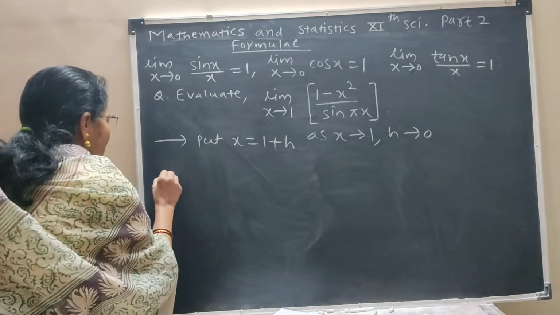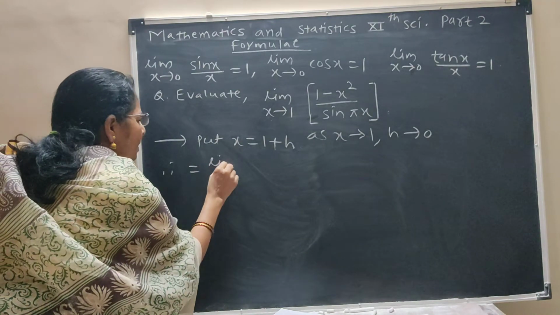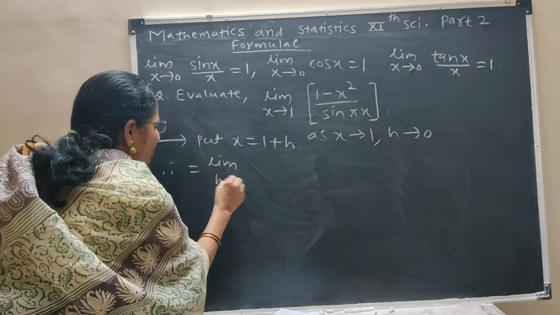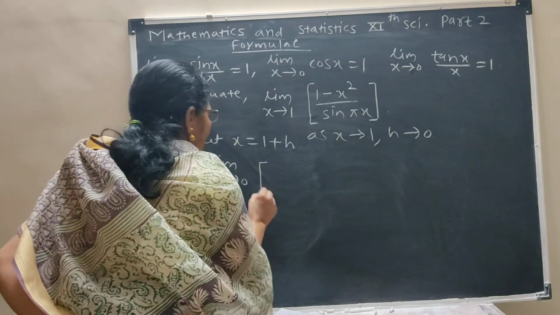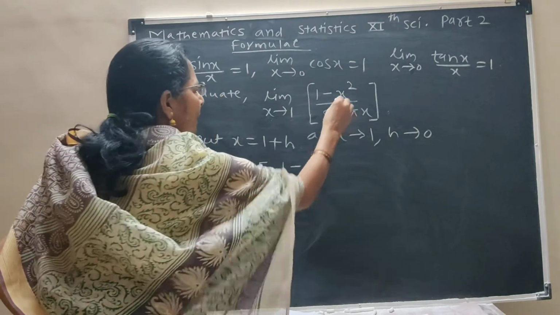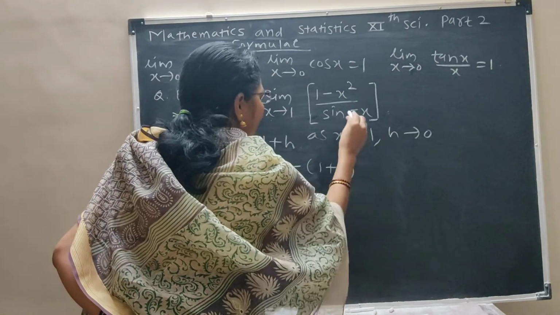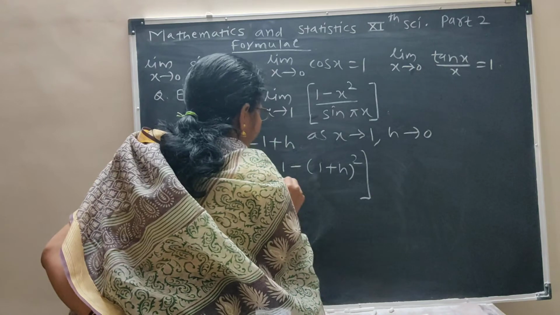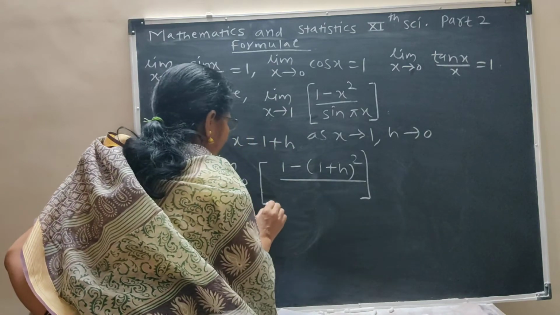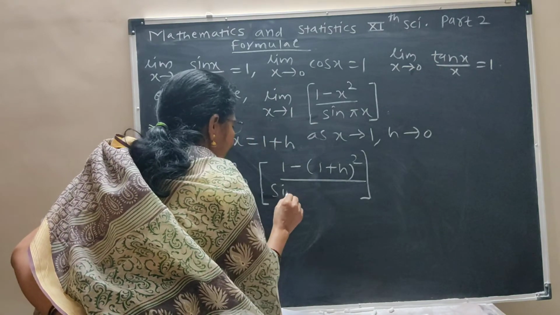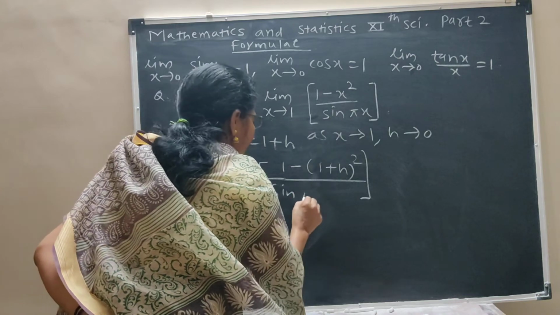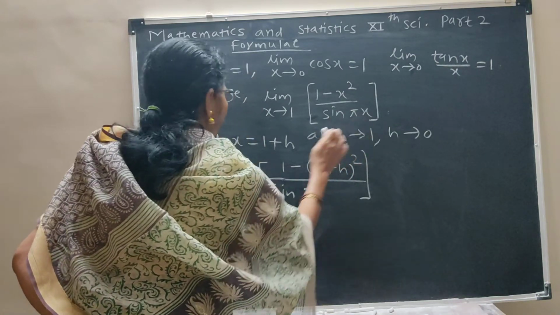Therefore it is equal to limit h tends to 0, 1 minus (1 plus h) whole square, upon sin of pi times (1 plus h).